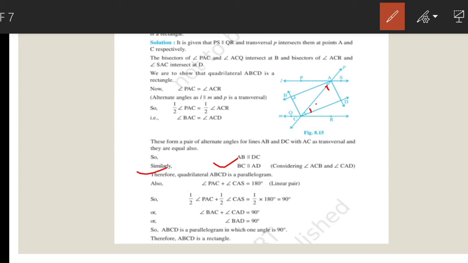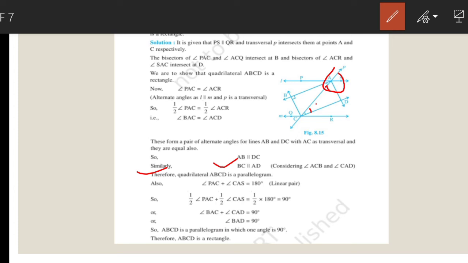Now we have to show that the quadrilateral that we have proved as a parallelogram is a rectangle. So we have to show one of the angles as 90. Half of PAC plus half of CAS is equal to half of 180 degrees, as they are a linear pair, that is 90.